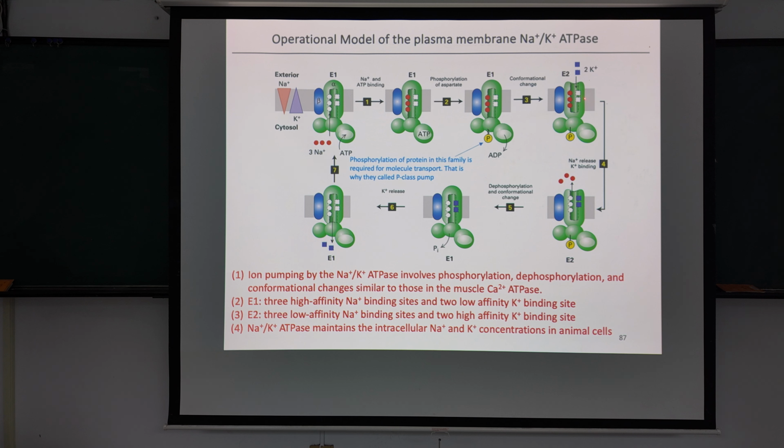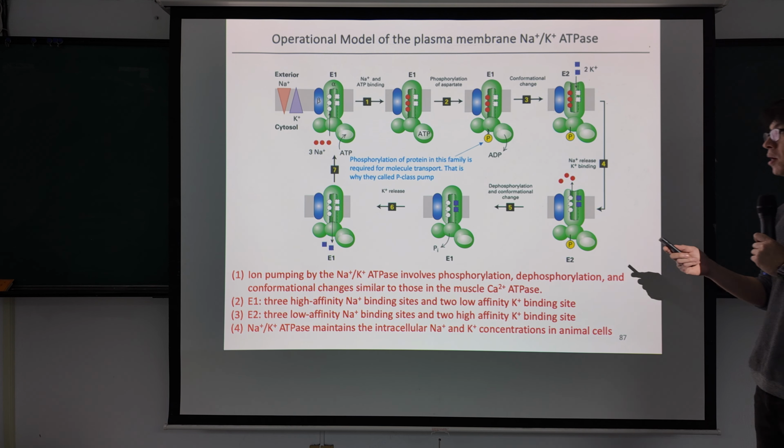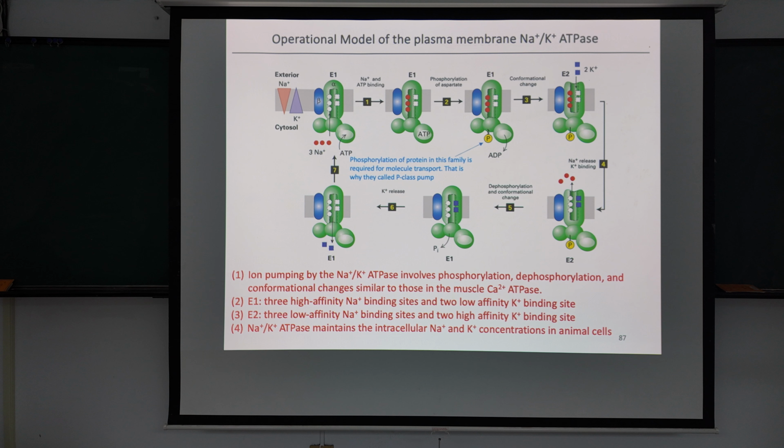That is why it will absorb the potassium and release the sodium. And after that, the phosphate group will be removed and it comes back to the E1 conformation. Then it will release the potassium and again collect the sodium. So by keeping doing this cycle, it will accumulate more sodium here and more potassium here, okay? With a really similar mechanism.